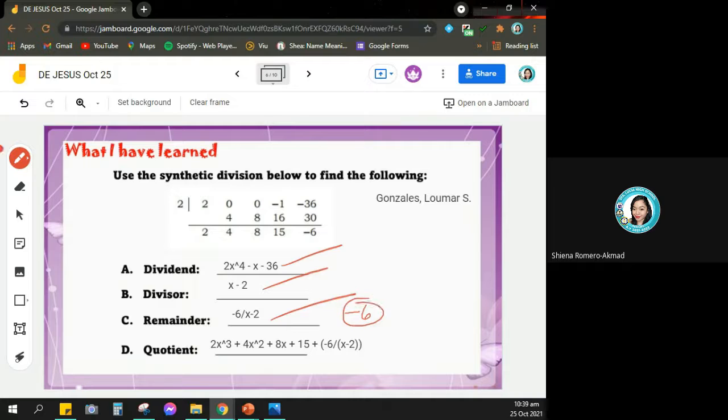Ah, remainder lang yung tinatanong eh. Hindi pa natin siya sinusulat sa quotient. Hindi pa natin siya sinasama sa quotient. So, pwedeng tanggalin na si x minus 2 dito. And then the quotient, saka siya magkakaroon ng over x minus 2. So, 2x cubed plus 4x squared plus 8x plus 15 plus negative 6 over x minus 2, correct?